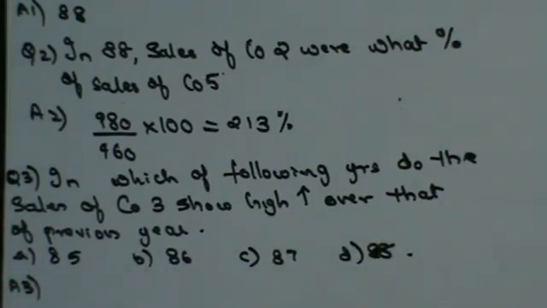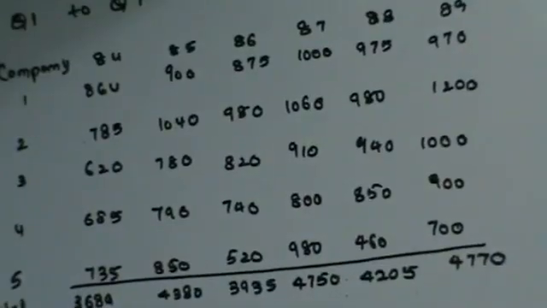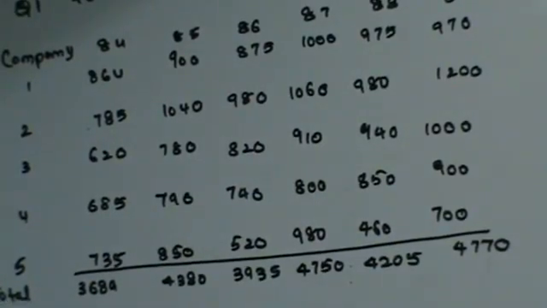Now, company 3. Now, difference between the sales of company 3 in 85. 85 minus 84, that is going to be 780 minus 620, which is 160. The difference is going to be 160. In 86, 780 and 820, that's going to be less than 160. 87, 820 and 910, again less than 160.